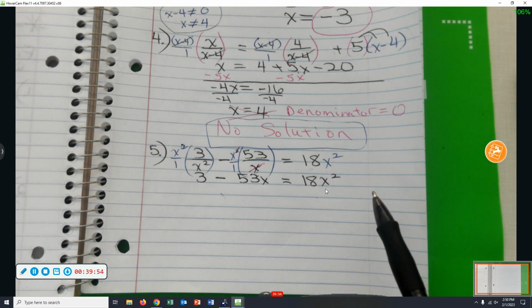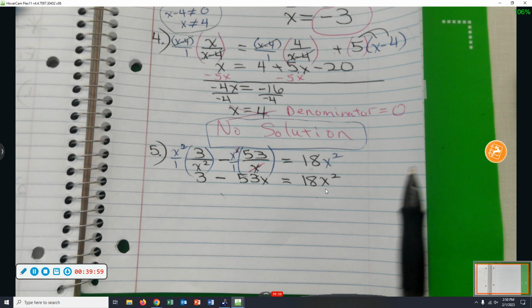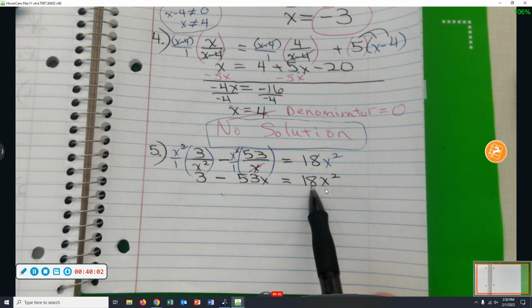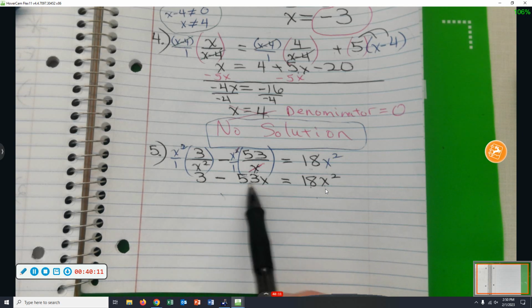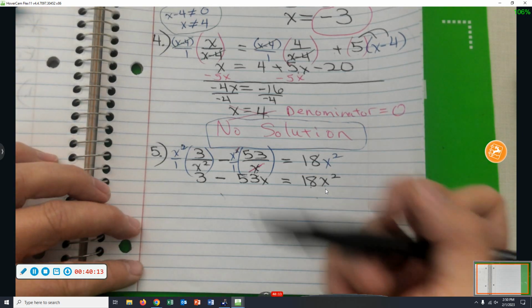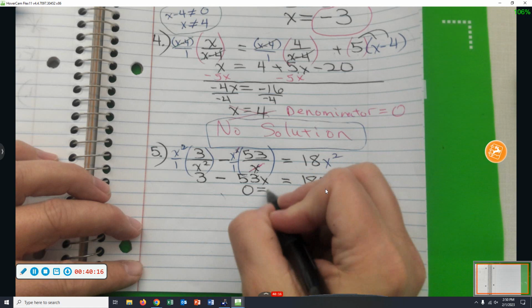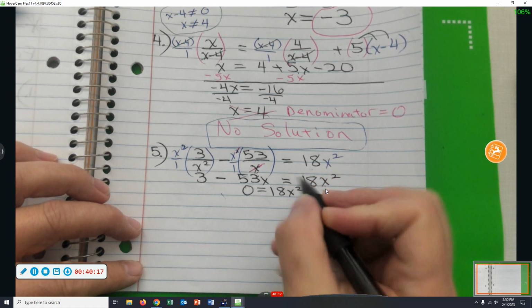If we're solving by factoring or the quadratic formula, what number do we need on one side? 0. And the number in front of x squared, what sort of number do we want that to be? Positive or negative? So I'm leaving the 18x squared where it is. I'm going to move these terms over to the right and get 0 equals 18x squared.